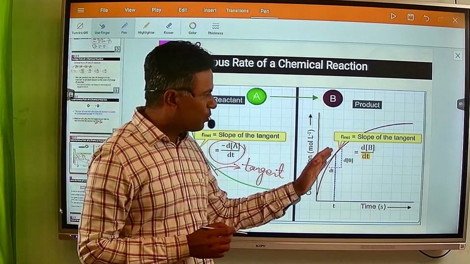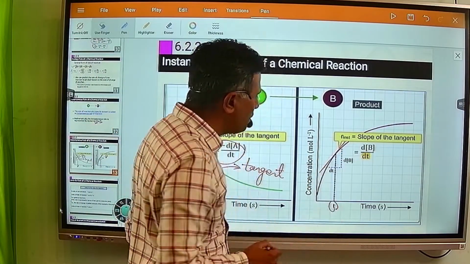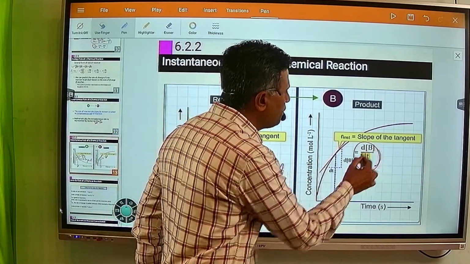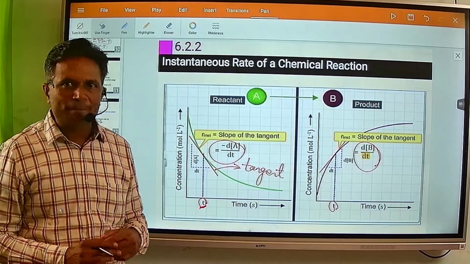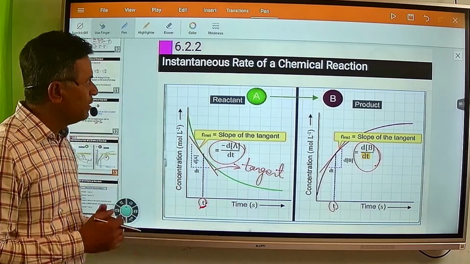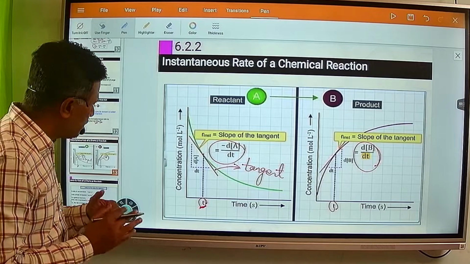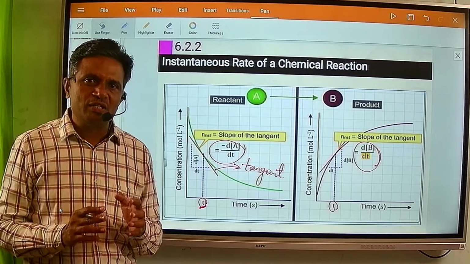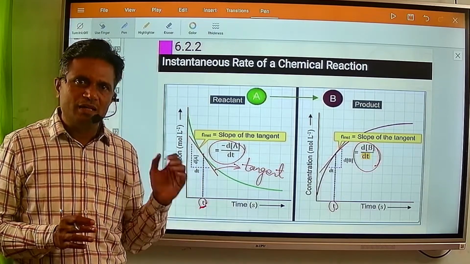With respect to the product, again you have the curve like that, you select any specific time instant t, draw the tangent, and you get the rate d[B] by dt. So this is how, with a simple concept, you can determine the instantaneous rate of chemical reaction. This is what we covered about the average rate, its determination, the instantaneous rate and its determination.